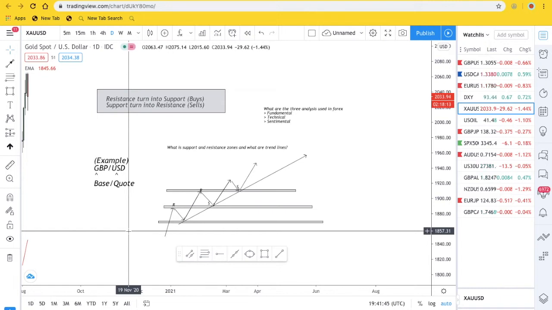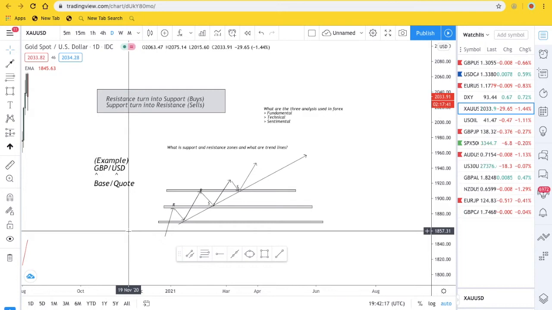But before we get into technical analysis in depth, you guys need to understand what fundamental analysis is and sentimental analysis. I should have told you guys in the last video that there are 3 different types of analysis used in Forex. You have fundamental, technical, and sentimental. Technical is what you were learning in the last video and what you're going to learn in this video.